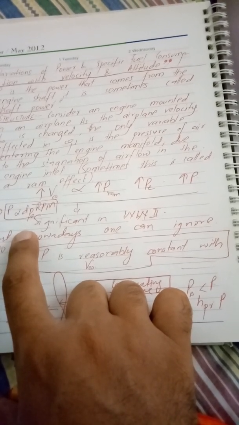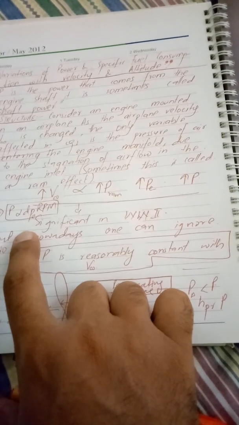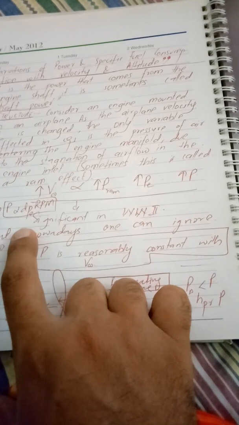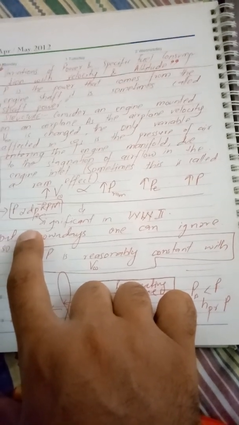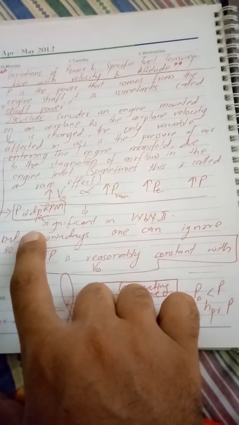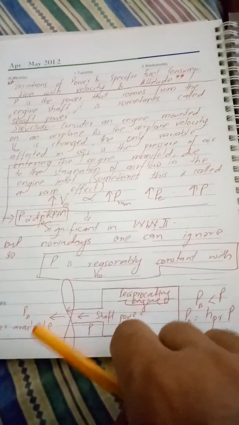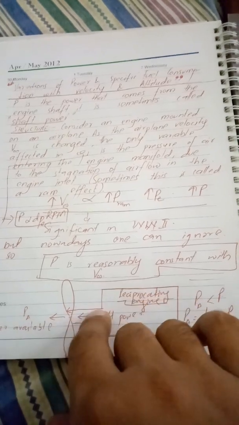The only variable affected in the equation is the pressure of air entering the engine manifold, due to the stagnation of airflow in the engine inlet. This is normally called the ram effect, and it depends on V of infinity.